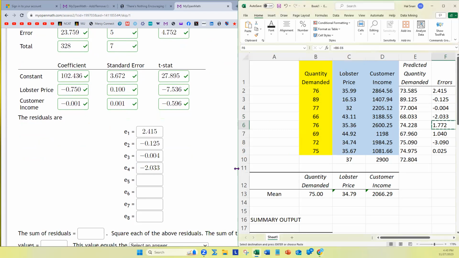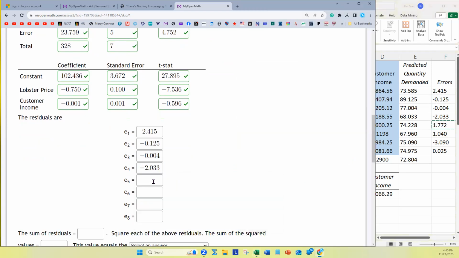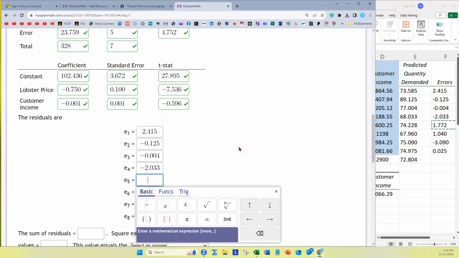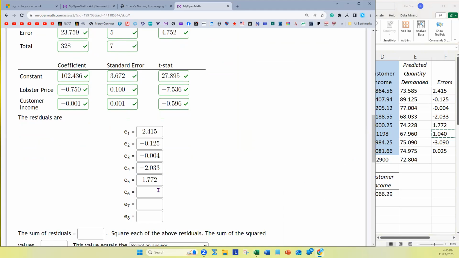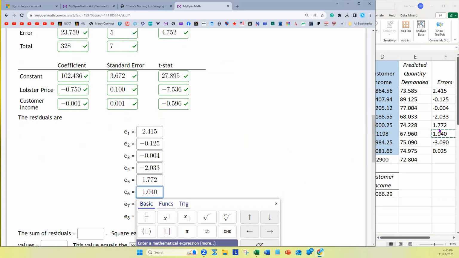A negative error means our predicted value exceeds our observed value. A positive value means our observed value is greater than what we predicted.